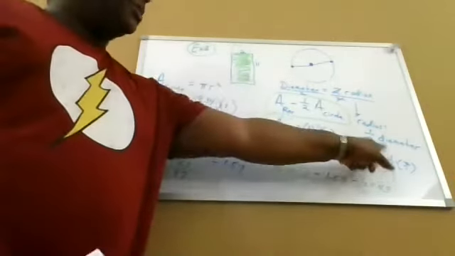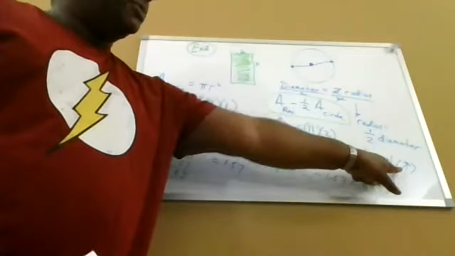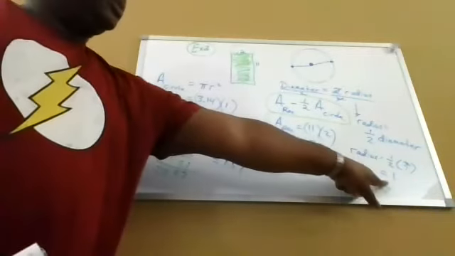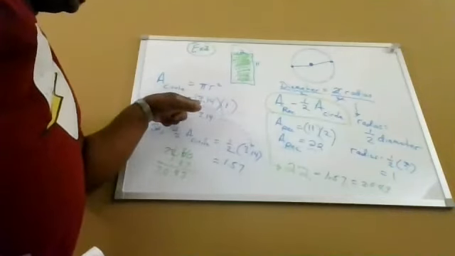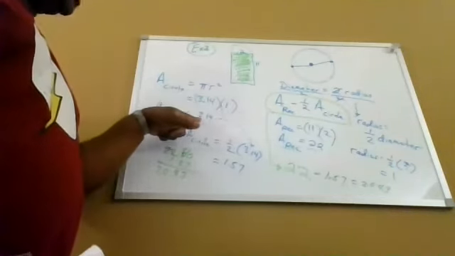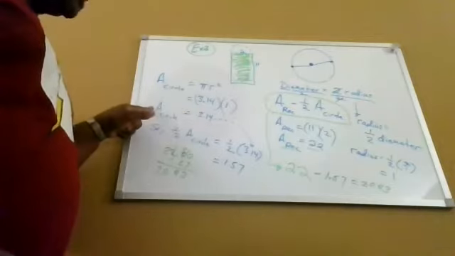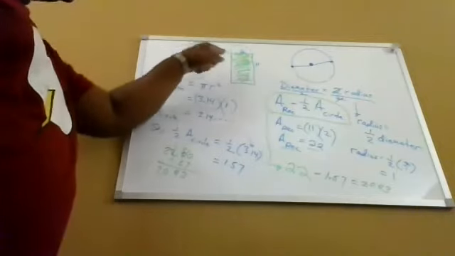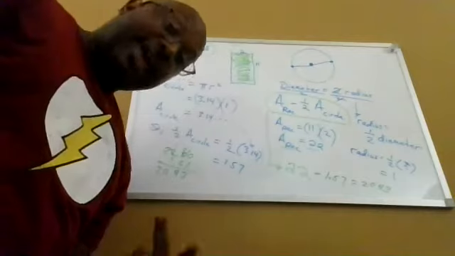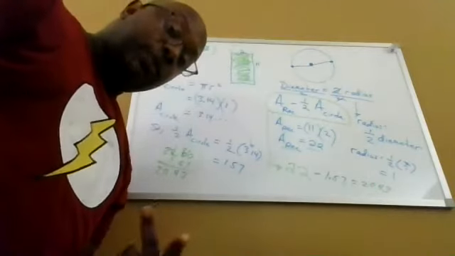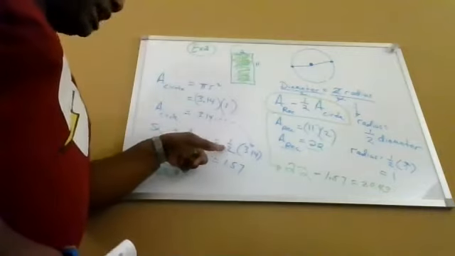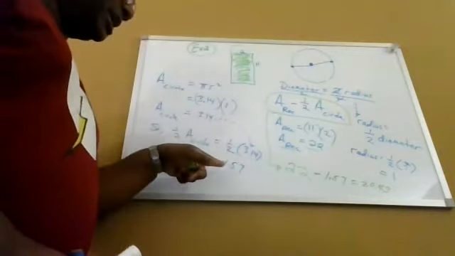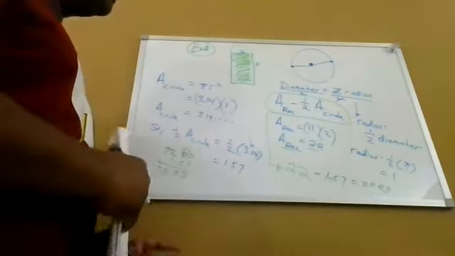So I multiply 1/2 times 2 to get 1 as my radius. Substituted that here. And 3.14 times 1 gave me 3.14 as the area of the whole circle. But we only need the area of half the circle. So that's why we take half of 3.14, 1/2 times 3.14 to give us 1.57.